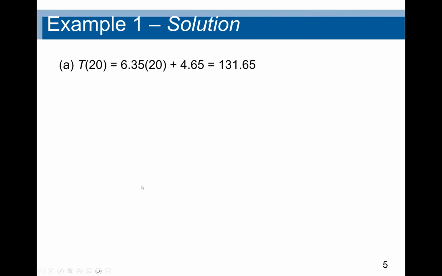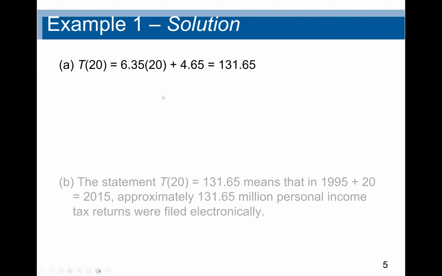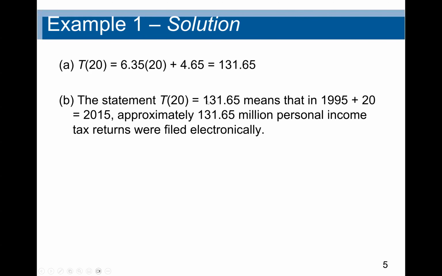So let's start with part A. Now we know x equals 20 because it's 20 years. So we substitute x with 20, and this gives us the value 131.65. So 131.65 means that in 1995 plus 20 years, which is 2015, approximately 131.65 million personal income tax returns were filed electronically.